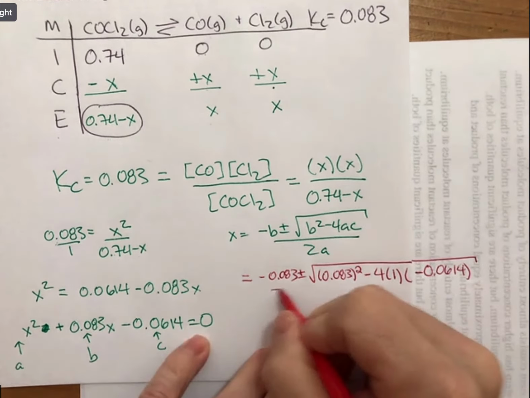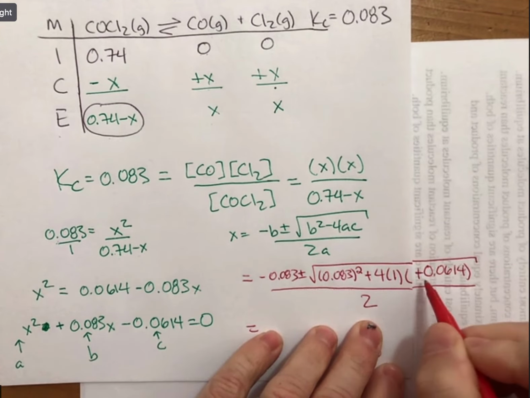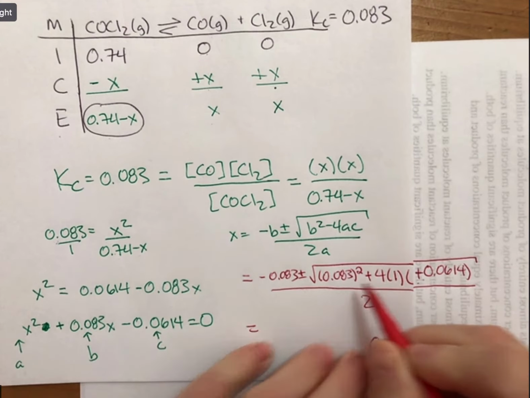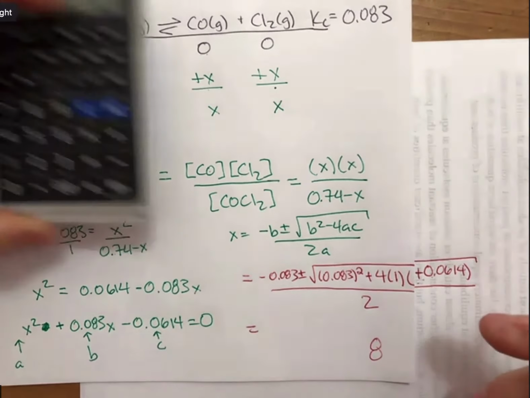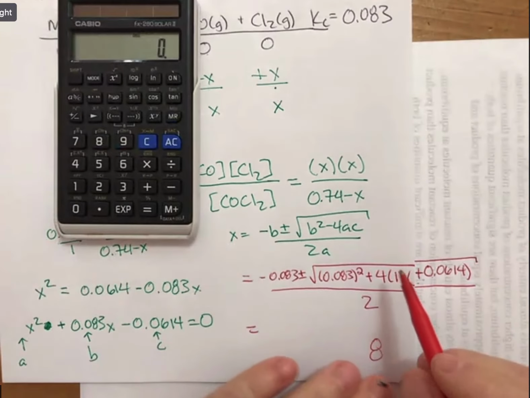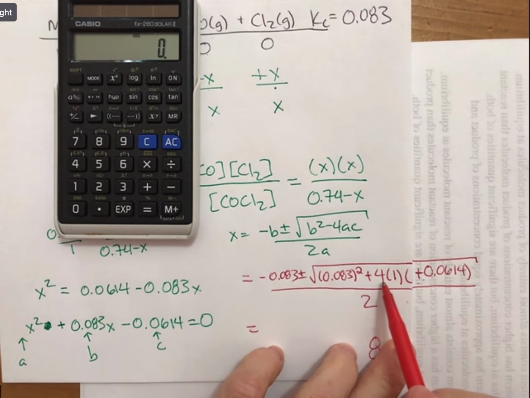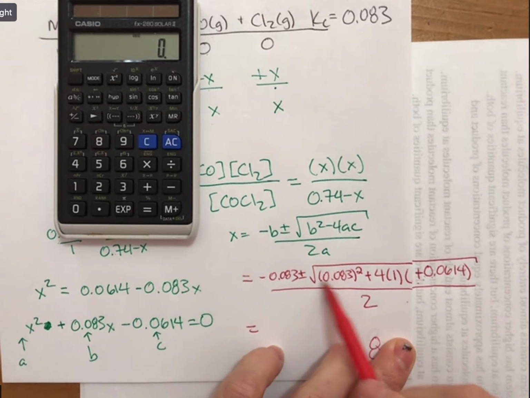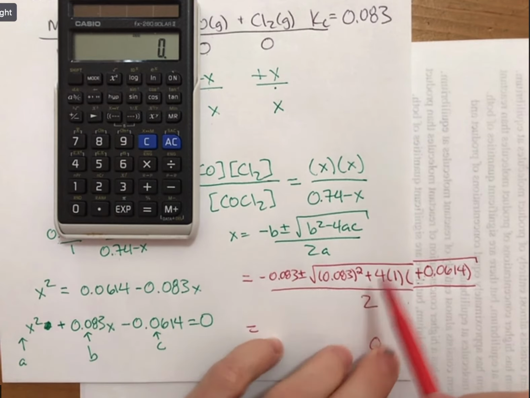Now the way I do this is I turn my two minuses into pluses, and now I'm going to do this term underneath here. And by the way, mathematically, if I'm taking this number, which is my b, squaring it, adding something to it, and then taking the square root, the answer for this part has to be bigger than 0.083.